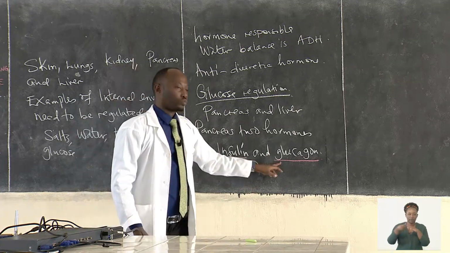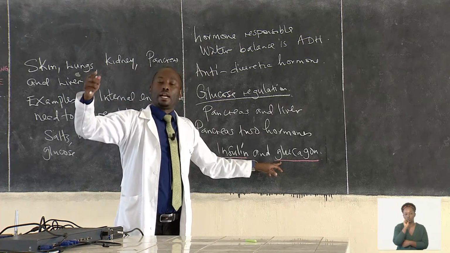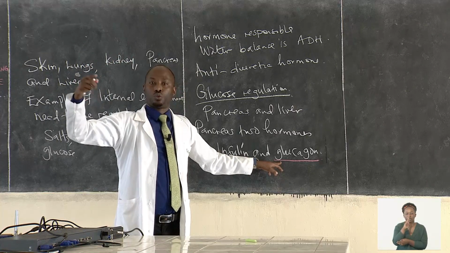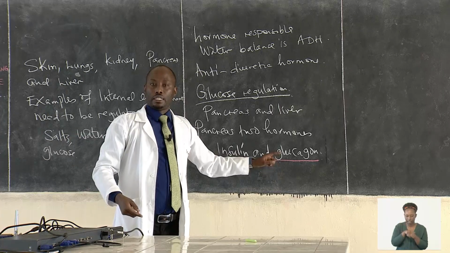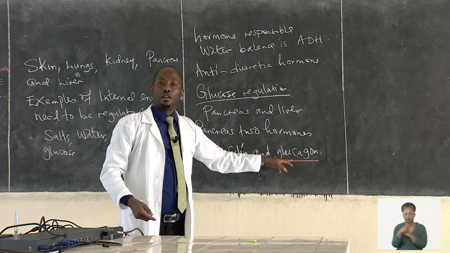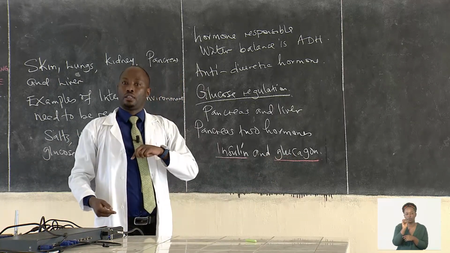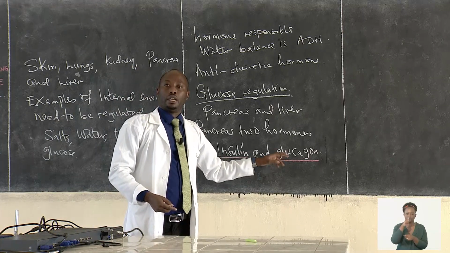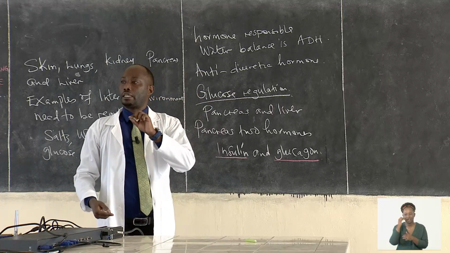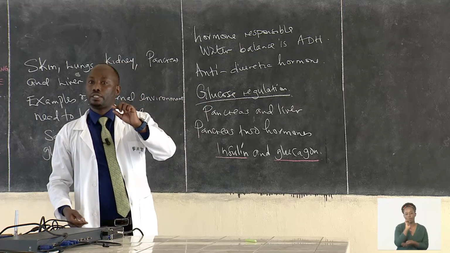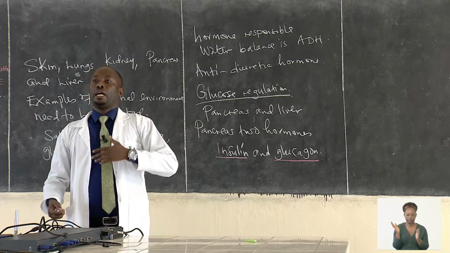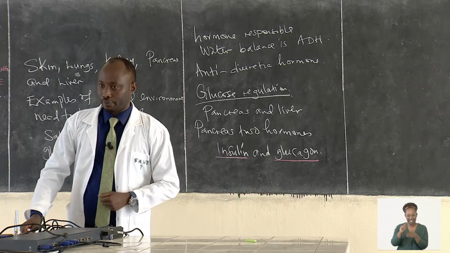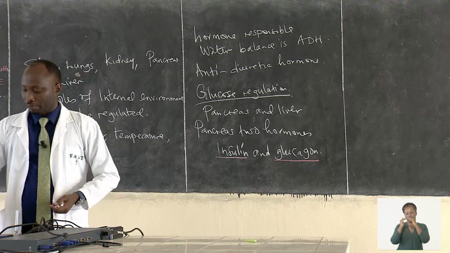It converts the stored glycogen in the liver into glucose. Second, glucagon converts the stored fats into glucose. Another thing, the last one, is reducing the metabolic activities. Once the metabolic activities are reduced, automatically the level of glucose is going to be raised in the blood. So that is what we've been talking about.